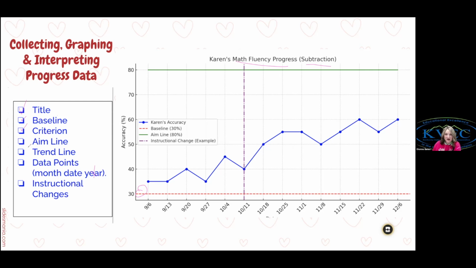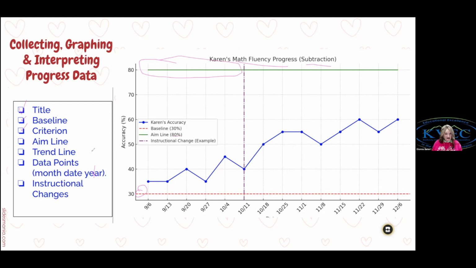Do we have an aim line? No. Well, that one's tricky. Up here, this is what we're looking for, right? That's what we're trying to get to. We want to have 80%, right?